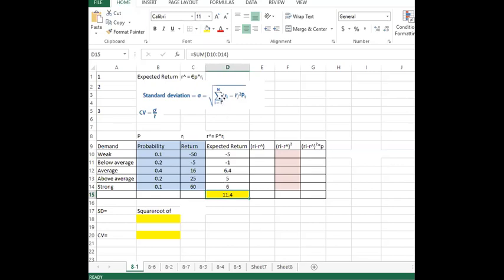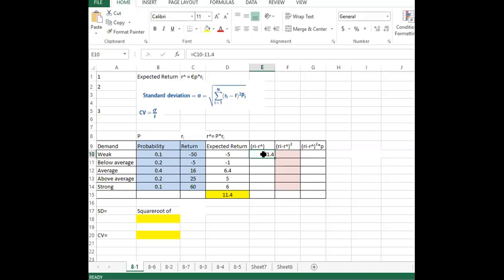The second requirement is standard deviation. The first step would be Ri minus R hat. So we have Ri in column C, and R hat is 11.4.